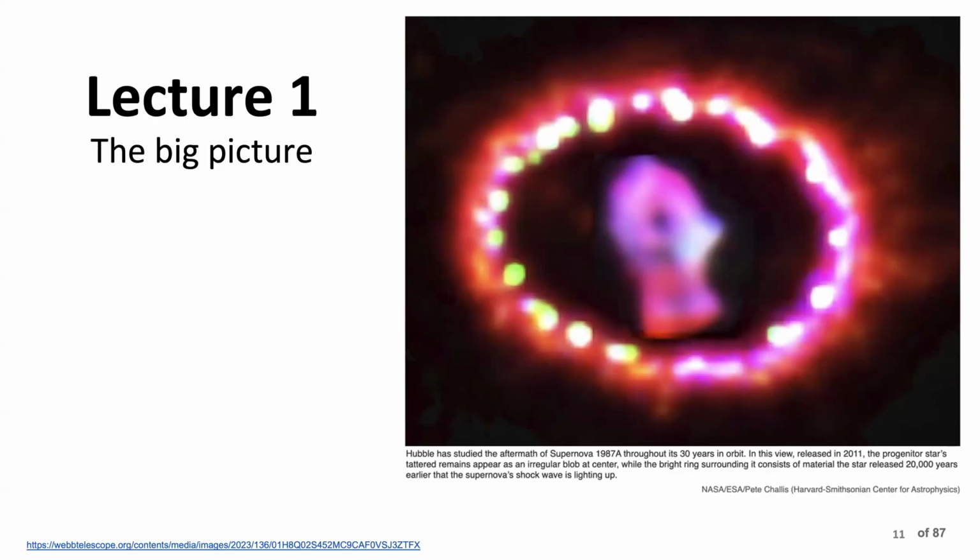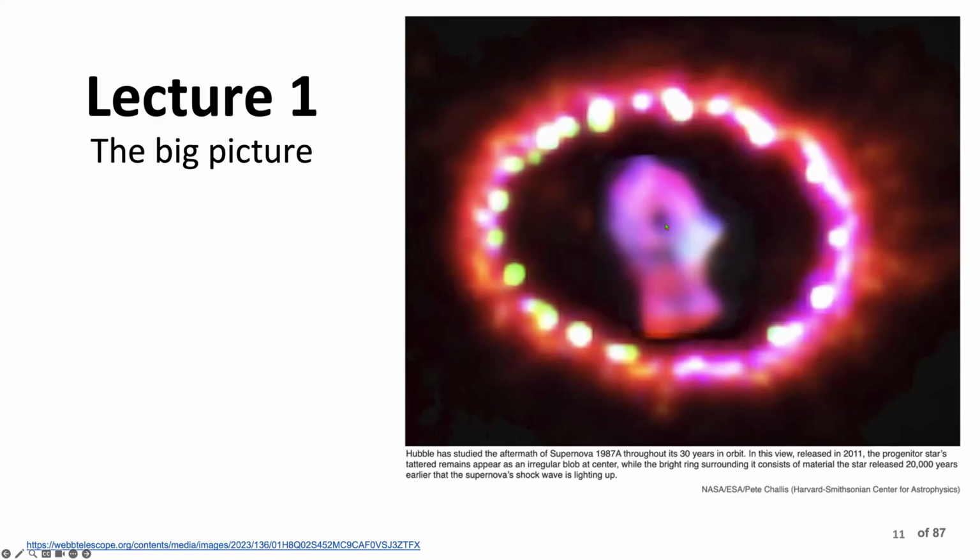So now we're finally ready to start lecture 1. And this is a stunning picture we have from Hubble. This picture was taken 24 years ago. This is a picture of a supernova that occurred in 1987, and we see this sort of ring of beads.